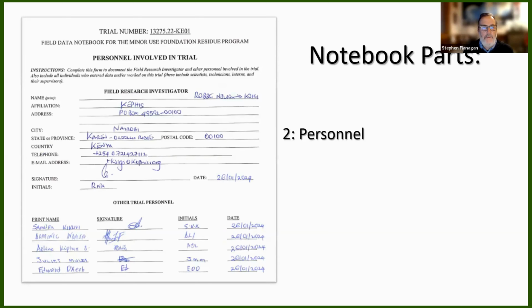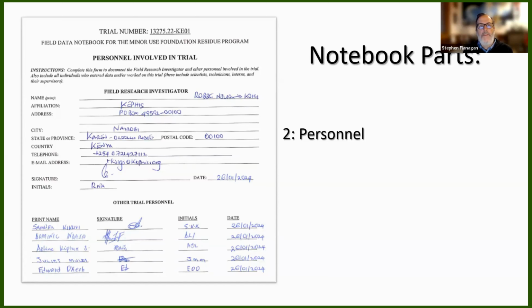The second section is the personnel. Who was the field research investigator, and then who else worked on the study? In some situations, all of the documentation in the notebook will be done by the field investigator, but in other sites, you might have technicians who are highly skilled, highly trained, who might help in the data recording.